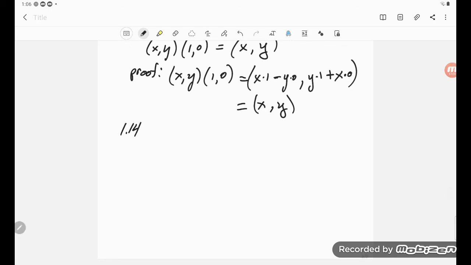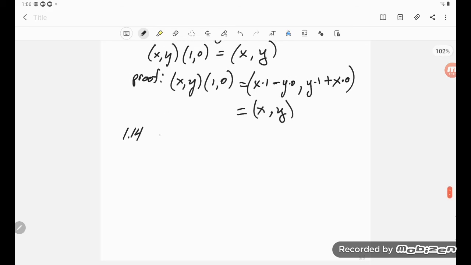1.14. And this one is the multiplicative inverse.